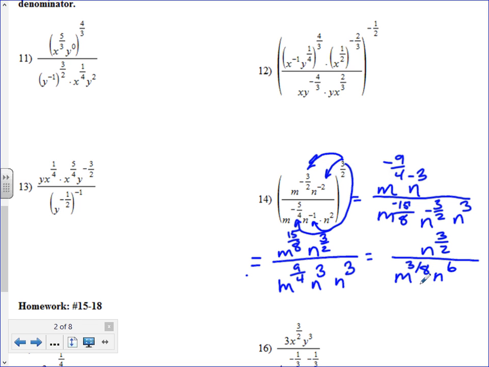No. What do you get when you subtract those? 9 over 2. Numerator or denominator? Why denominator? Because 6 is bigger. So 6 minus 3 over 2, put it in the denominator. What about this numerator? Yeah, if there's nothing in the numerator, you have to put a 1.